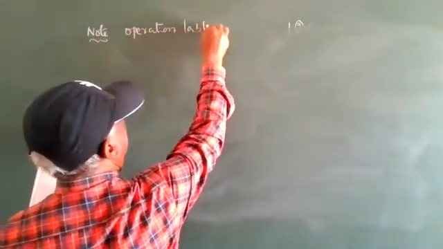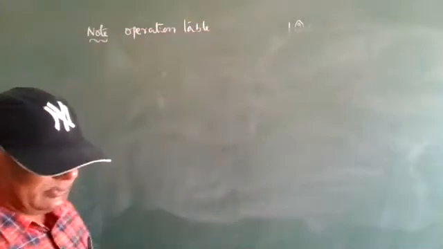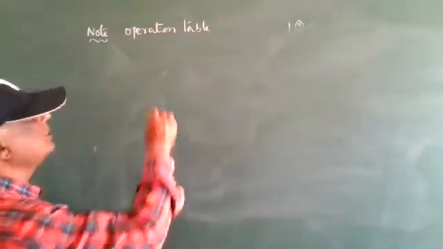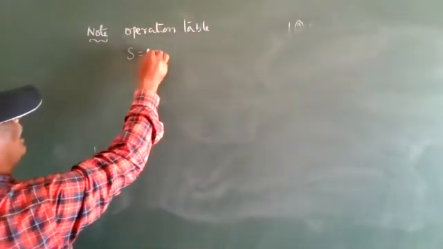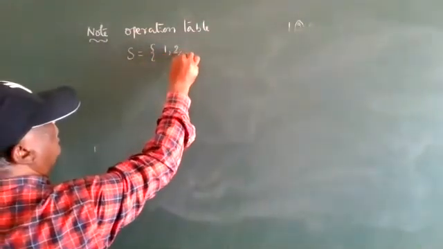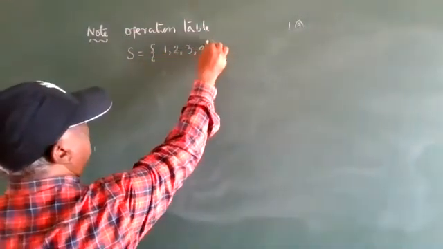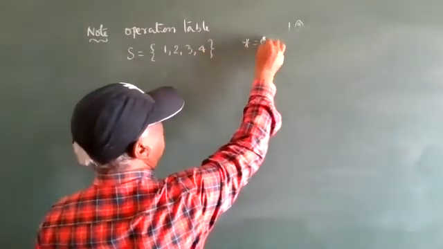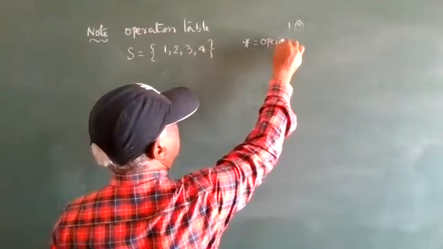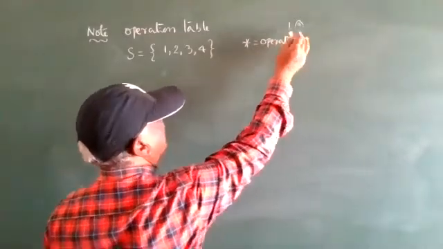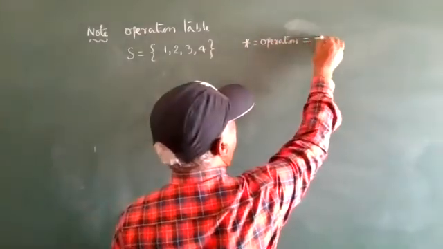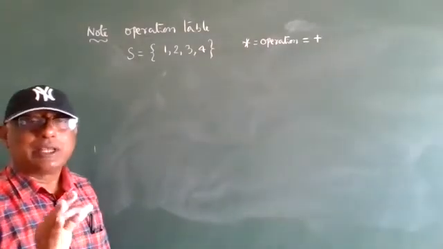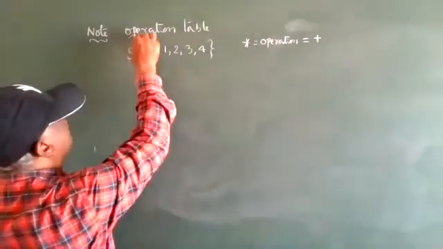Operation table means, for example, they are giving this set S equal to 1, 2, 3, 4. And the binary operation star is given, its value is plus. Then the operation table means, everyone observe.